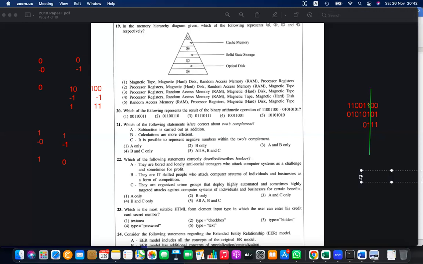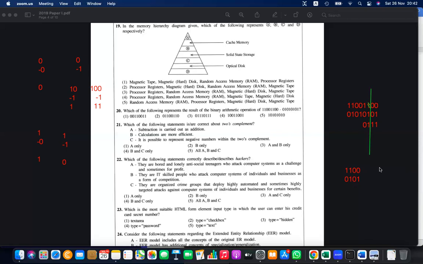Let's consider the last 4 digits. The last 4 digits are 1100. The last 4 digits of the next one are 0101. Okay, just consider these 2. What is 1100? Can you tell me the decimal value of 1100?